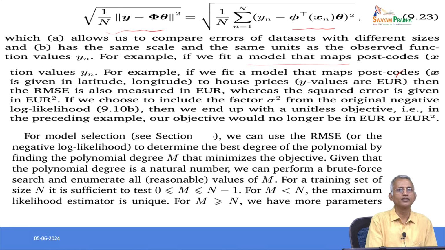If you choose to include the factor sigma square from the original negative log likelihood, then we end up with a unitless objective. That is, in the preceding example, our objective would no longer be in EUR or EUR square.